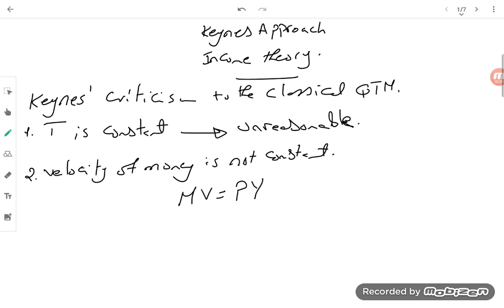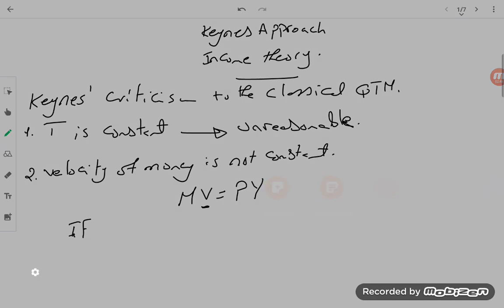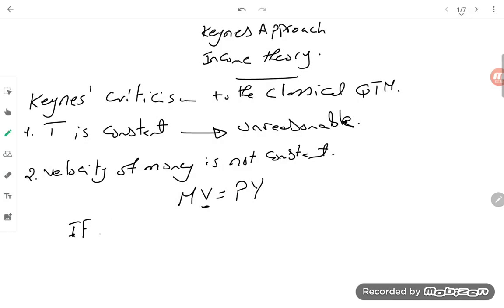But according to Keynes, as V can change, if money supply increases by 20% and velocity of money decreases by 20%, there is no need to change price or output. So this means that there is no relationship between money supply and price, as has been mentioned by Fisher.